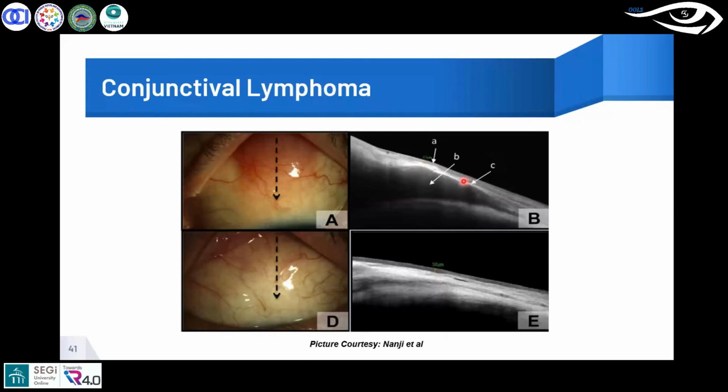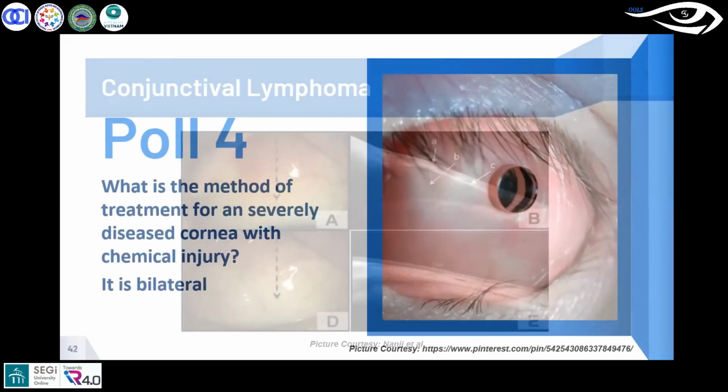This portion, which is medially hyporeflective, is the affected lymphoma location. The epithelium appears normal here, but sometimes it might also be hyporeflective. So this is about the various corneal and conjunctival diagnostics using AS-OCT.